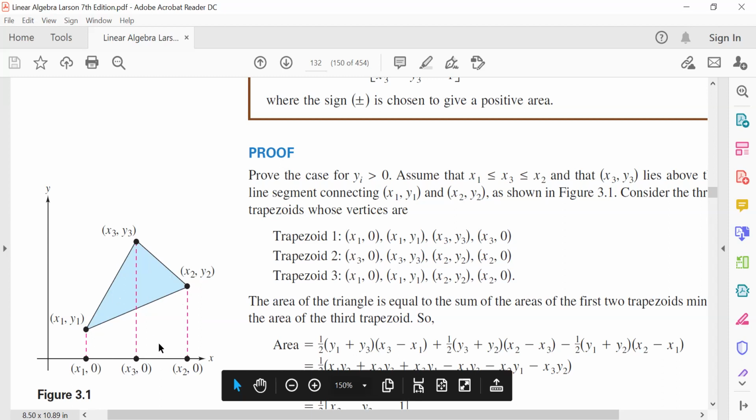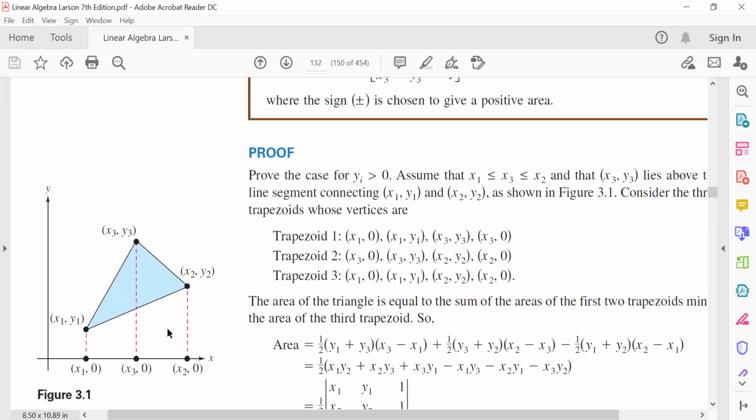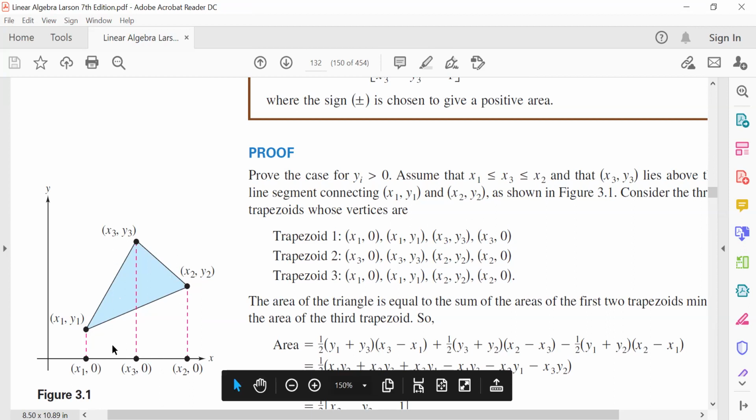So the area of the blue triangle is equal to the area of the 2 trapezoids minus the area of the lying down trapezoid. In other words, if I add the areas of these 2 trapezoids, I get the whole thing, and then I subtract the white part down here, the lying down trapezoid. I'm going to be left with the blue triangle.